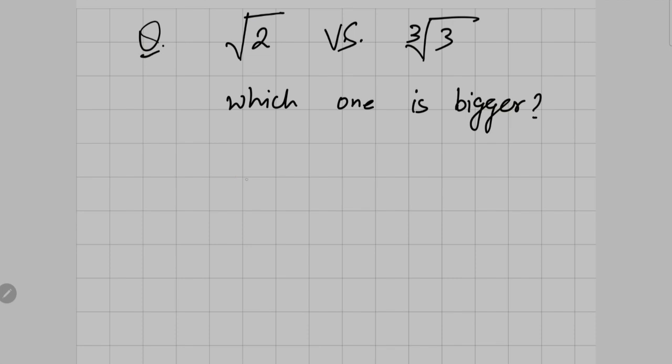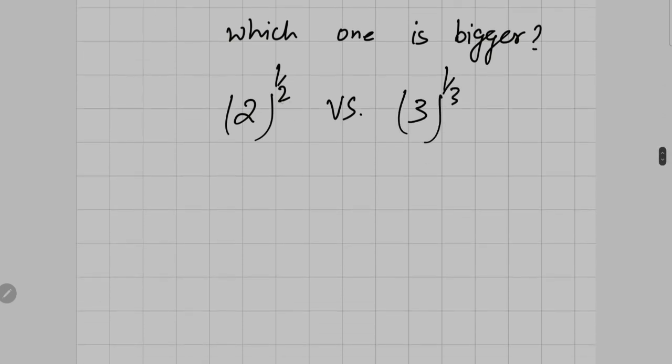So I write the expression: square root of 2 can be written as 2 to the power 1 half, and third root of 3 can be written as 3 to the power 1 third.